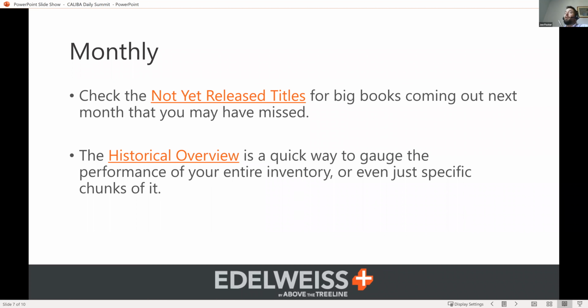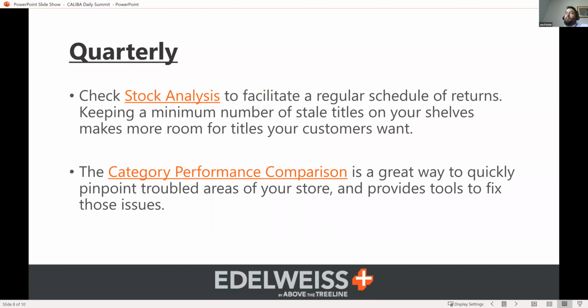And then quarterly, I always recommend doing some stock analysis action and seeing basically what should go away is what it comes down to. Somebody asked me at a party one time what I do for a living, which is always a weird question for tree line people.